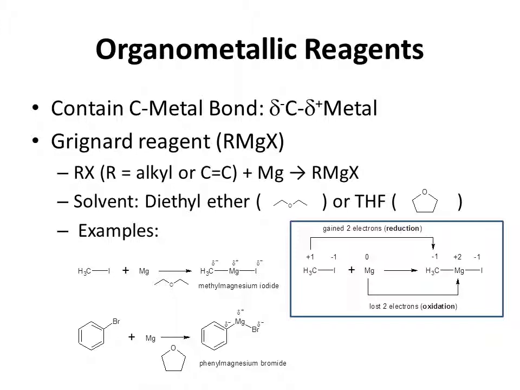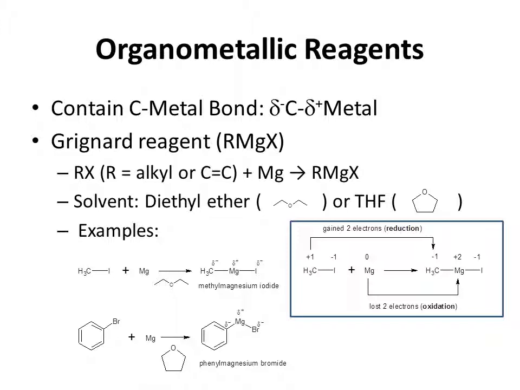Now, the first class of organometallic reagents we're going to consider are the Grignard reagents, which are very famous. They're used to make a lot of organic compounds. The general structure of the Grignard reagent is RMgX. R can be an alkyl group, such as methyl, ethyl, propyl, or a carbon-carbon double bond.